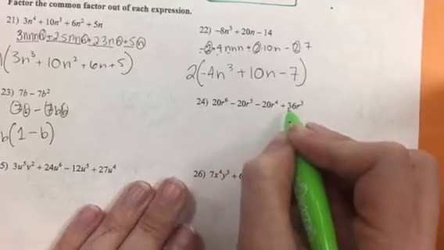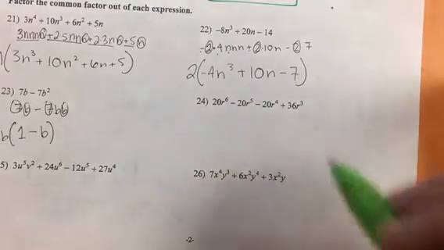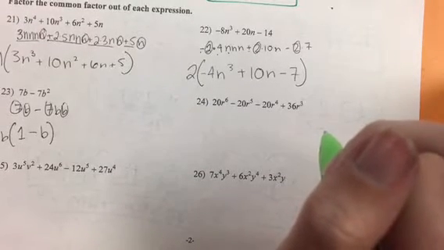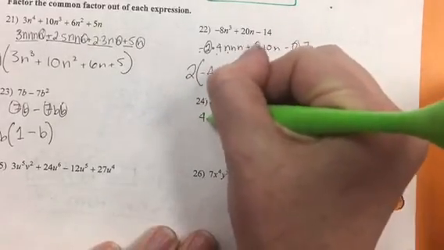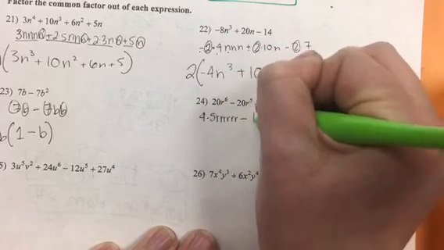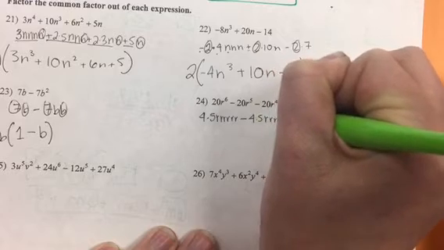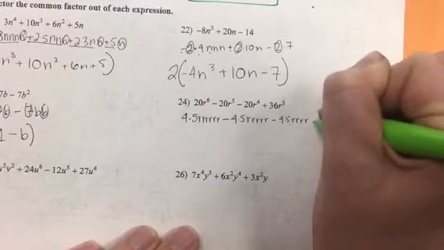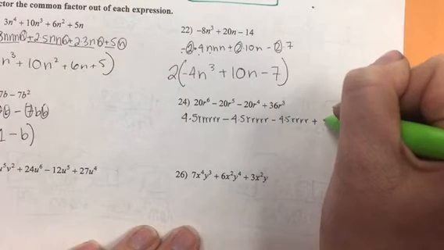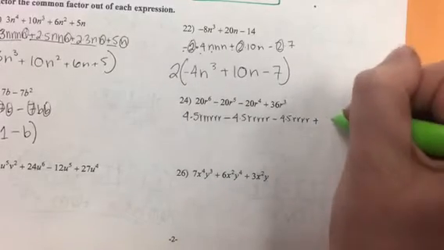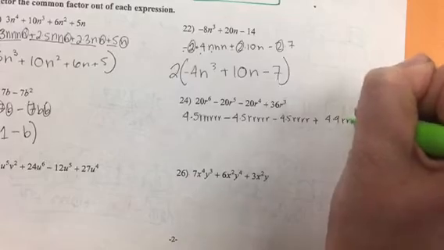20, 20, 20, and 36. Let's see what goes into all of those. 2, 4, let's try 4. 4 times 5 with 6 r's, minus 4 times 5 with 5 r's, minus 4 times 5 with 4 r's, plus 4 times 9 with 3 r's.